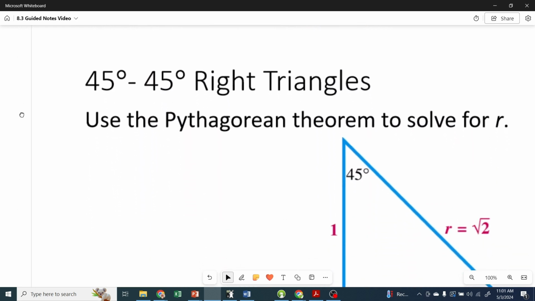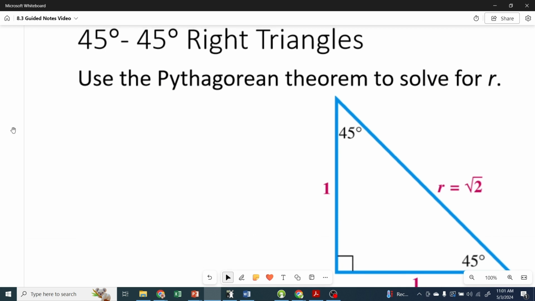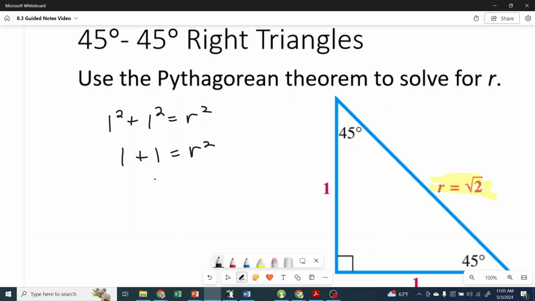The 45, 45 right triangles is if we have an isosceles right triangle. Okay, what is the value of the hypotenuse? Well, you can see right here they've already got this figured out, but we'll show the work, right? So this would be 1 squared plus 1 squared equals r squared, right? So which is 1 plus 1 equals r squared. 2 equals r squared.